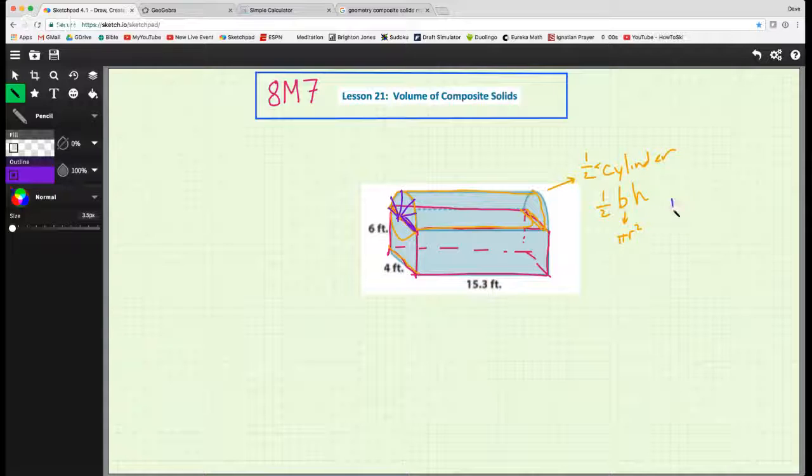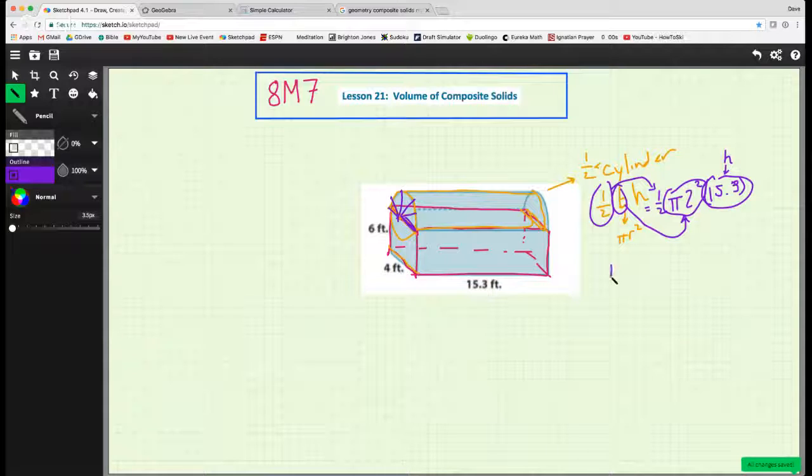So pi times 2 squared times the height, which is 15.3. Times a half. Okay, there's our half, our base, and then this is our height.